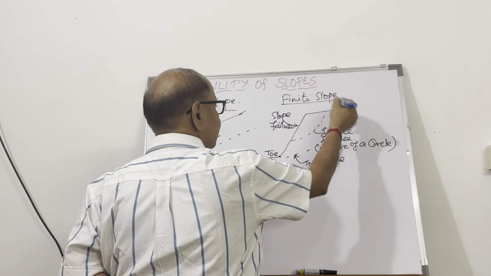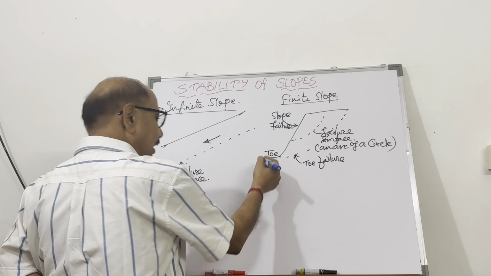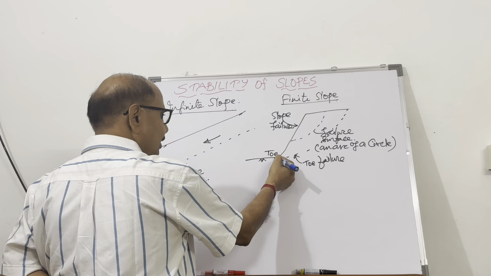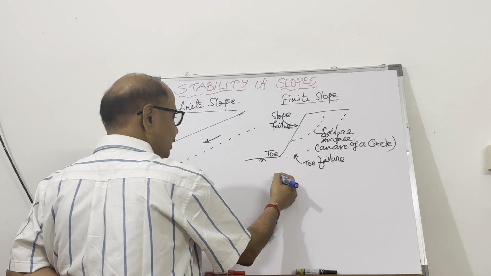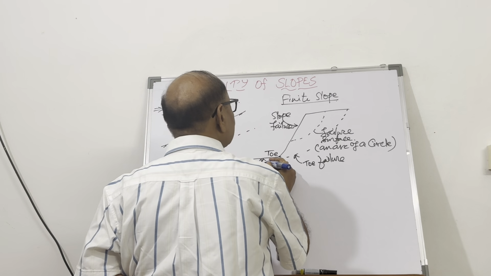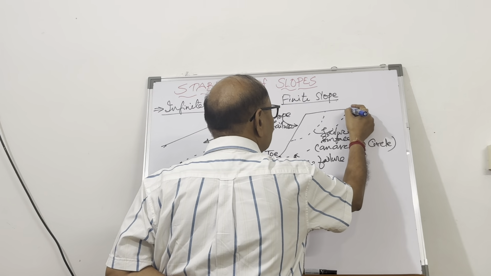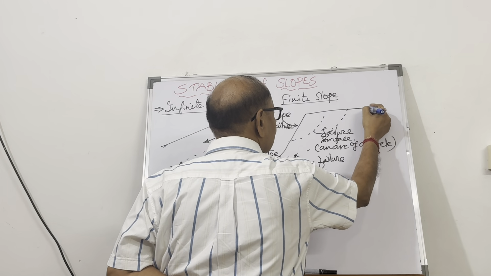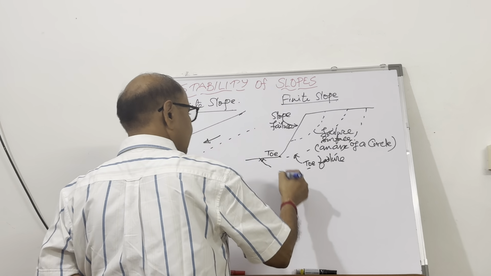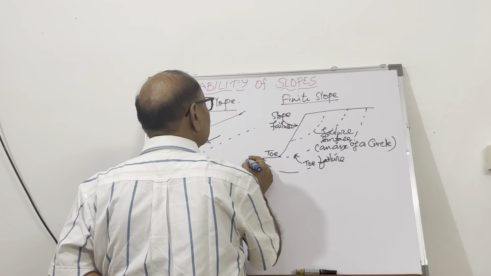And this is the failure surface. And suppose the soil here below the toe, that is in the base, is going to be quite soft or weak. The failure could be like this. This is called base failure.